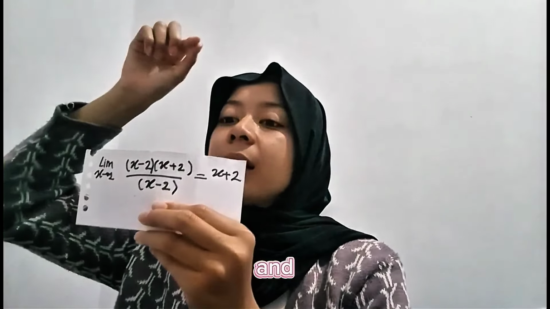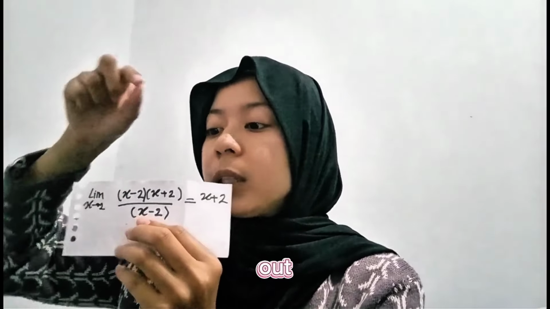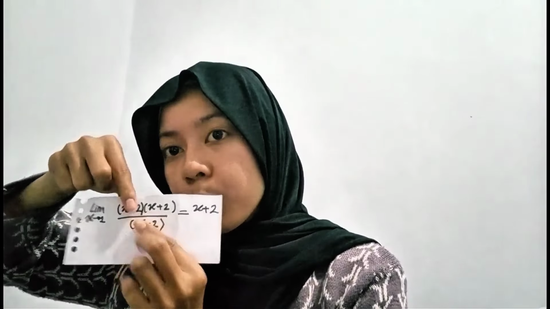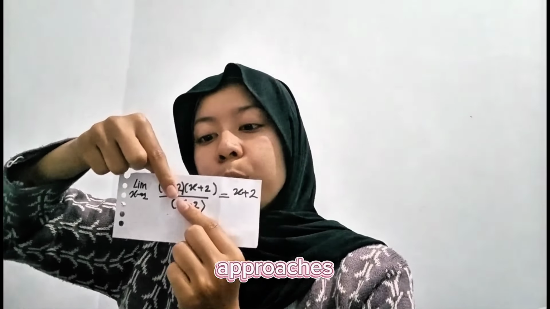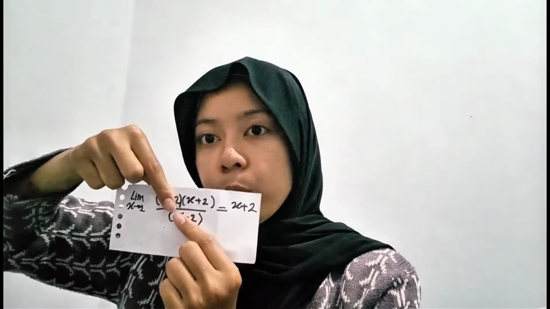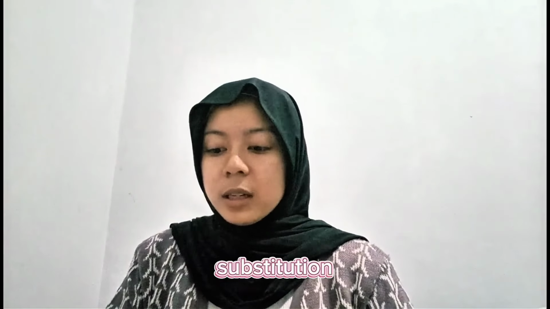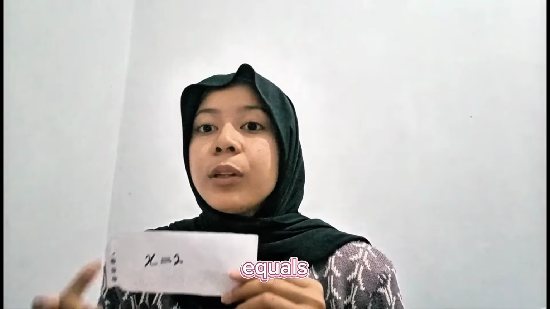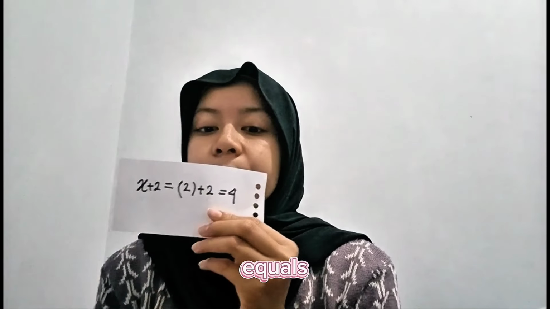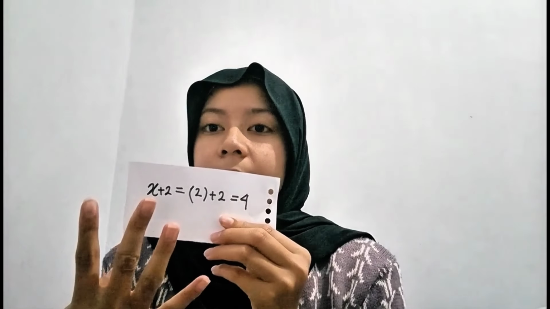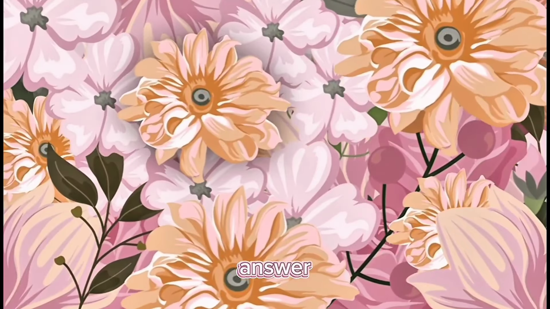Next we cancel out the x minus 2, and we have the limit as x approaches 2 of x plus 2. If we substitute x equals 2, we have 2 plus 2 equals 4. And we have the final answer.